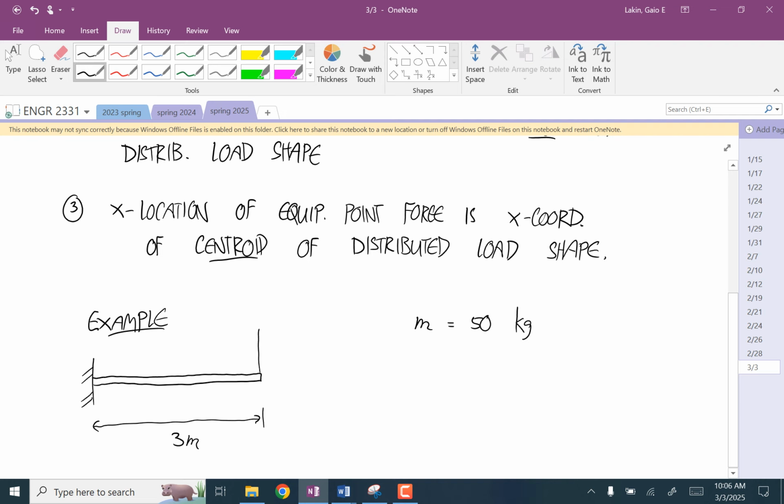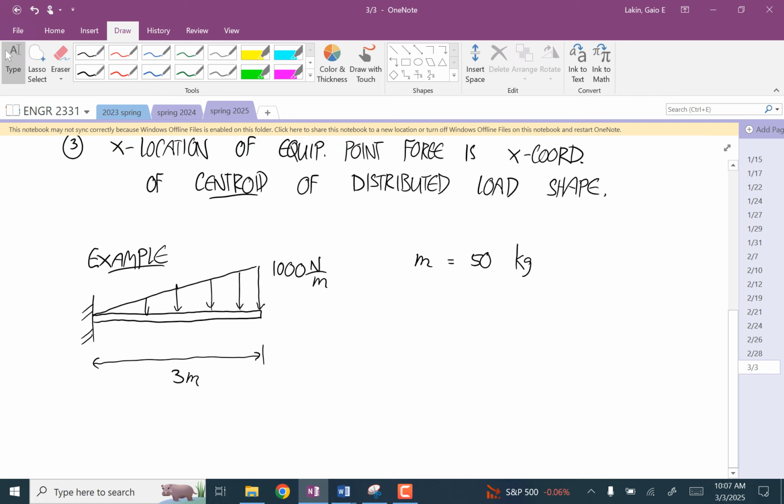And we have a triangular distributed load of, let's say this goes up to 1,000 newtons per meter. And we want to calculate the internal loads.